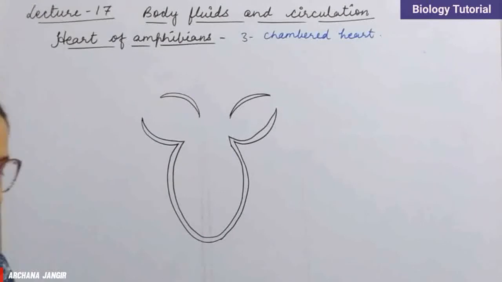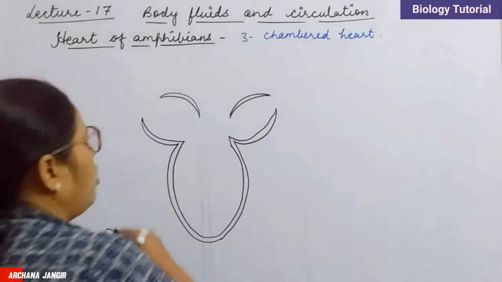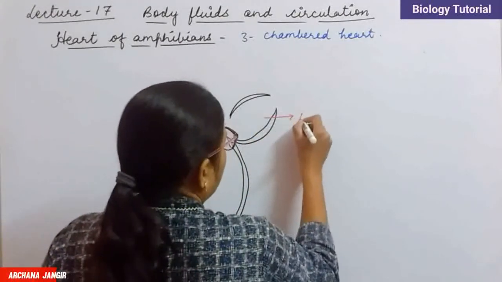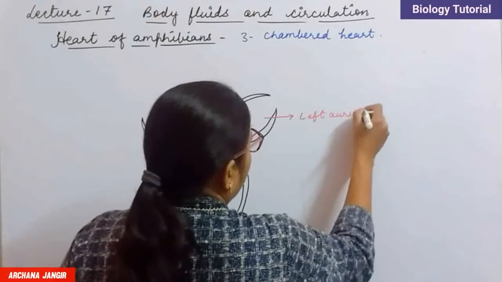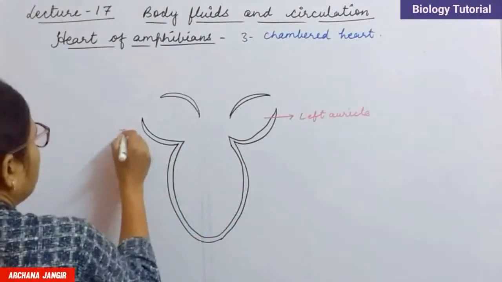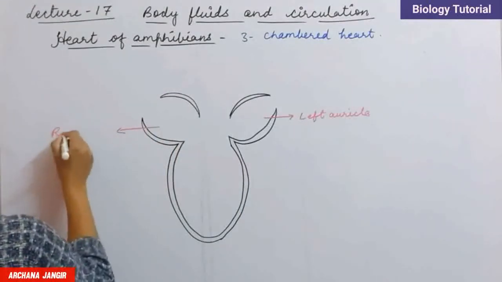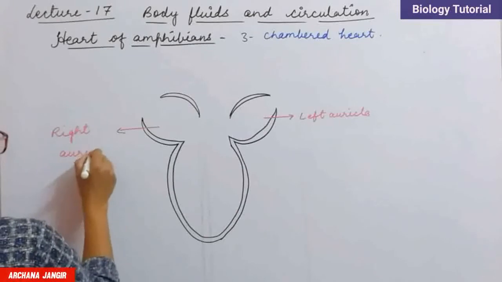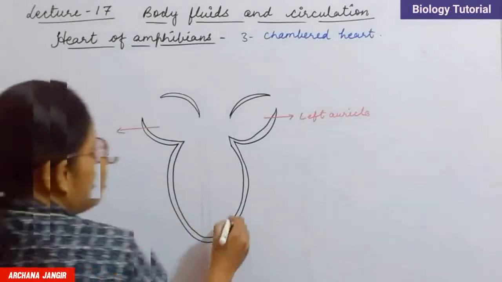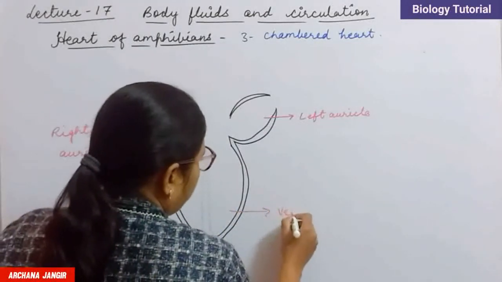So the above 2 chambers are auricles. This is the left auricle and this is the right auricle. And this one is the ventricle.